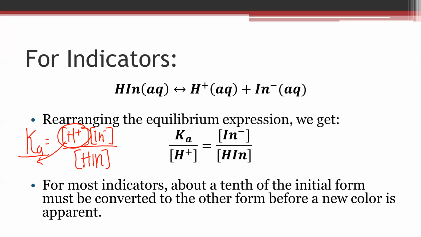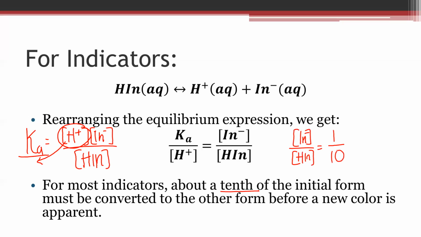Okay, so that is very helpful for us to predict when color changes will occur. And so what this 1/10 means is that the right side of your equation here, this part, would equal 1/10.